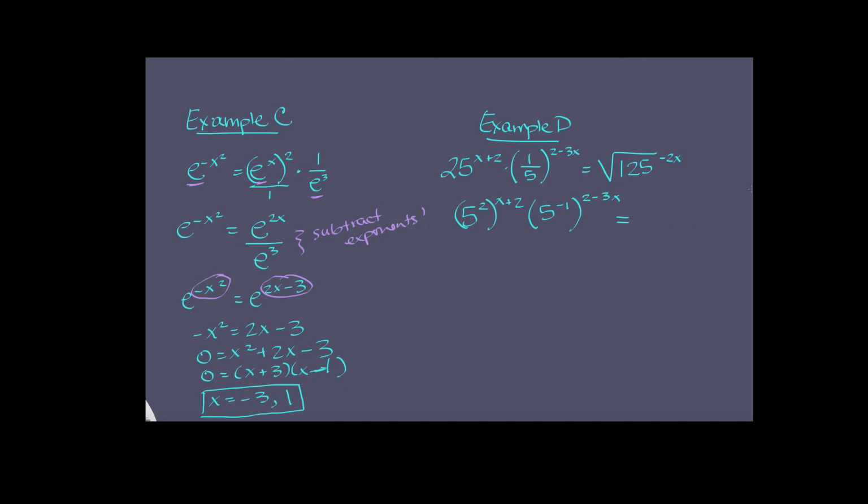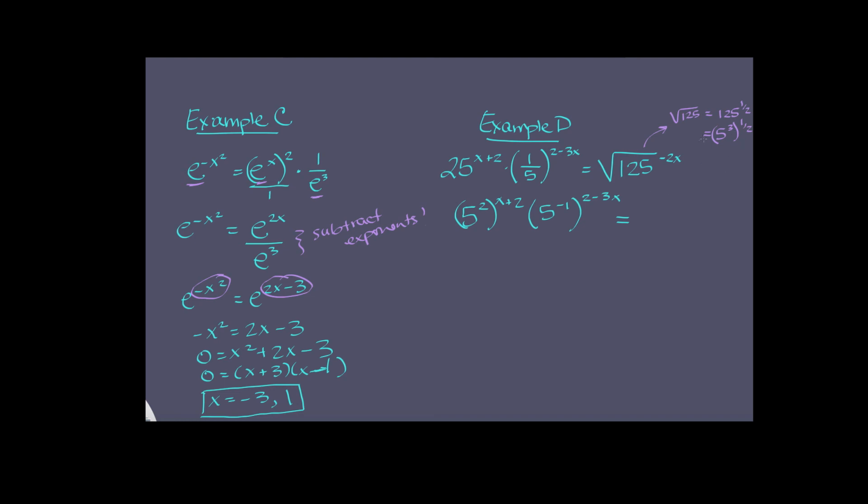I'm going to just go off to the side a little bit up here and remind you that the square root of 125 is the same as saying 125 to the 1/2 power. So this is really 5 to the 3rd to the 1/2 power.